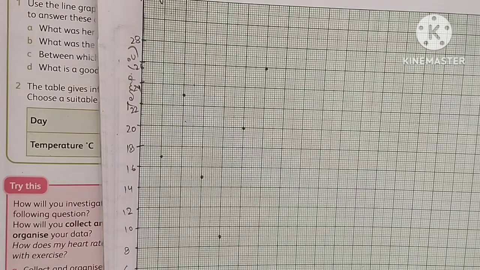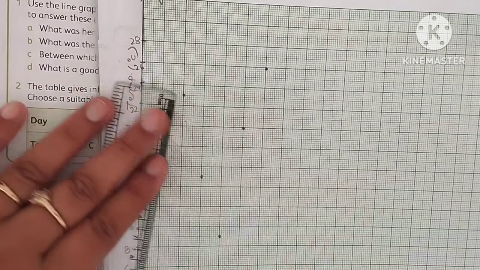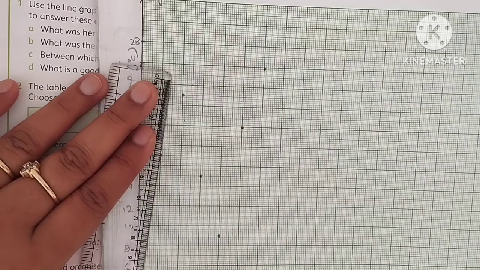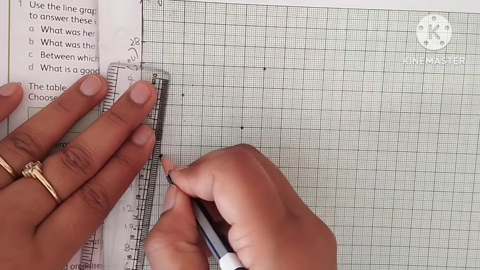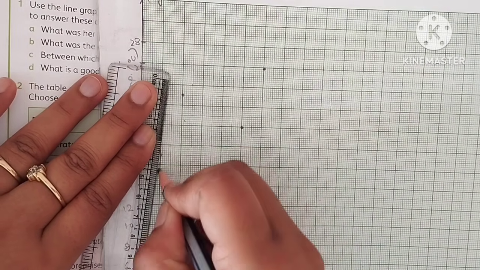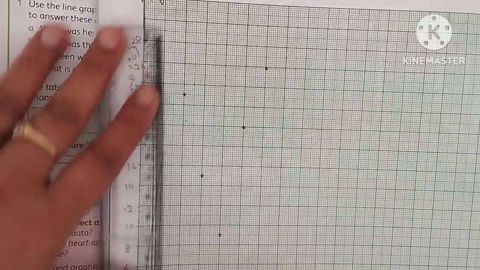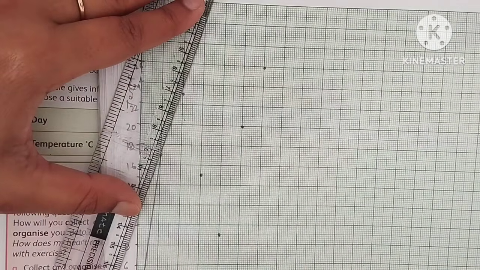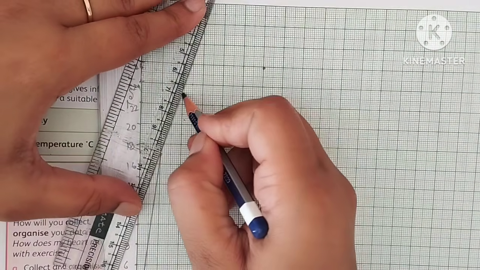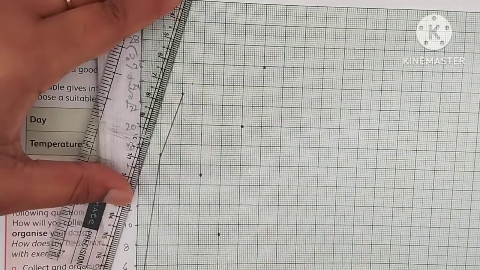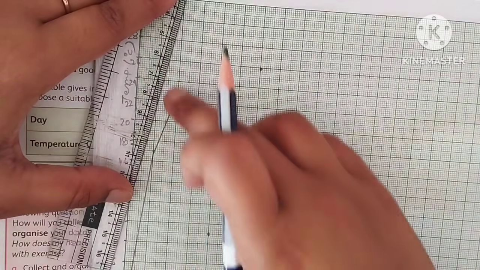So in the line graph what we do, we just add them using a scale. From the 0 we will start. So this goes first. Then one by one you will join the points, not in a single go. Then for the 3 it goes down.